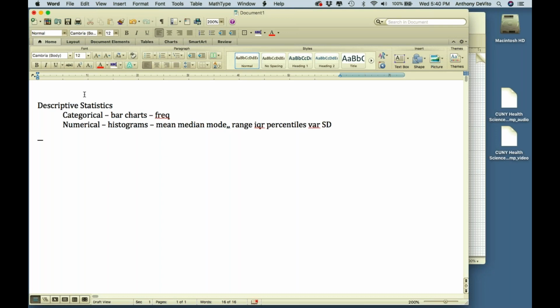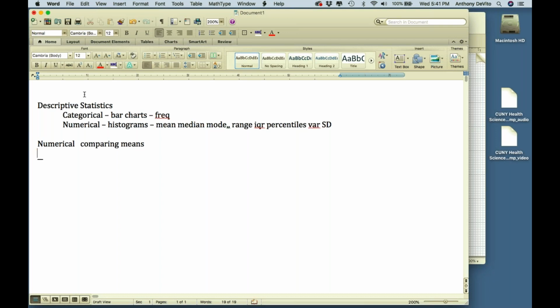So that's the way we work with descriptive statistics for categorical and numerical variables. Now, once we moved on from that, we wanted to be able to apply statistics to this. For numerical variables, if we were breaking things up into groups, we might be interested in comparing means, for instance, comparing the mean alcohol level of American beers to German beers, or comparing the mean blood pressure for people who exercise versus people who do not exercise.